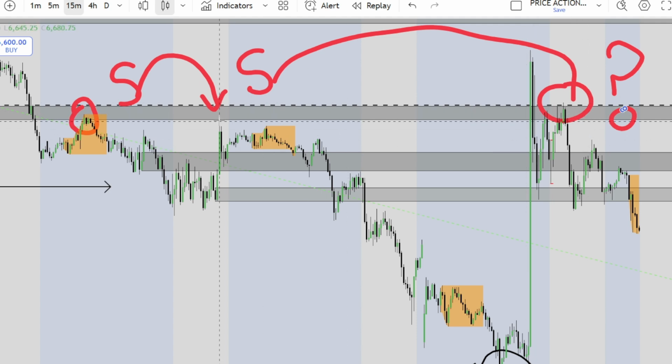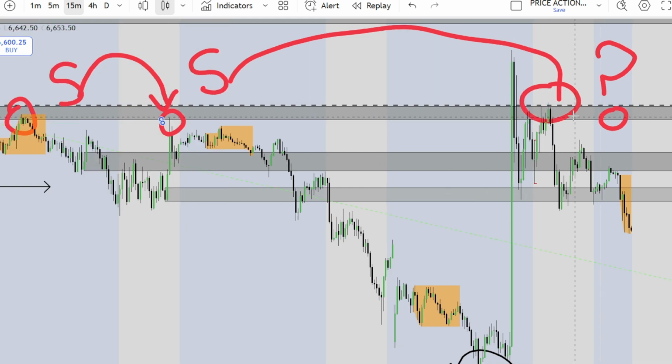Sellers might be in control here because I saw a lot of aggressive buying and the market struggled to break through. Yes, it did break through it, but it struggled. So when price comes back to here, you want to be cautious when we come into our supply areas.